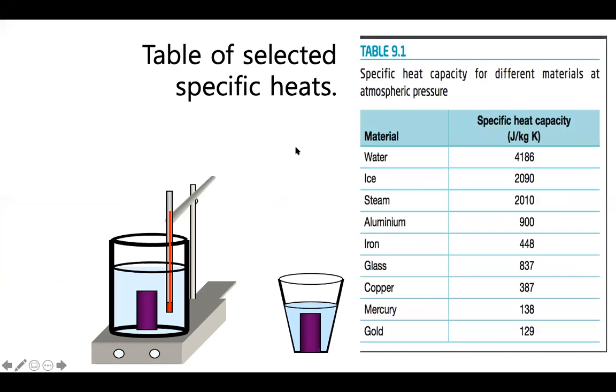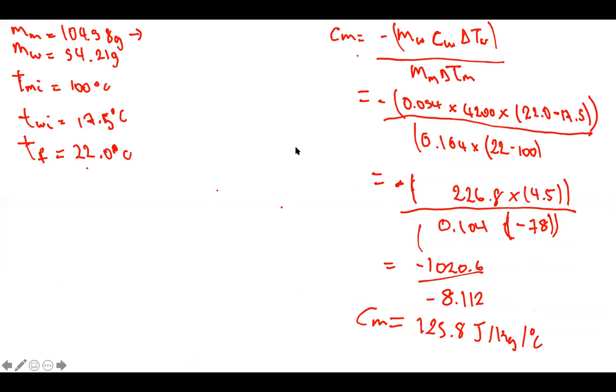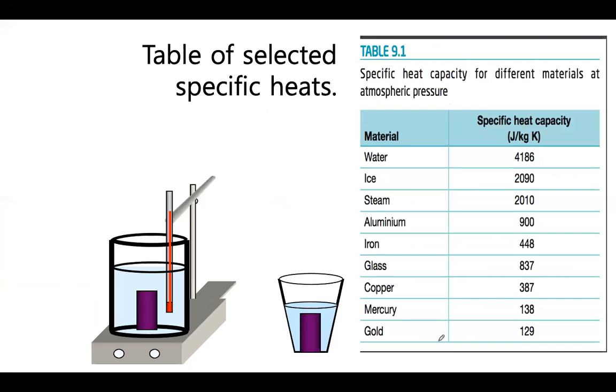Alright. So our specific heat capacity is 125 joules per kilogram per Kelvin. This is our final specific heat capacity of the metal. Now we'll try and find which one is the metal. Which one is the closest one to 125?